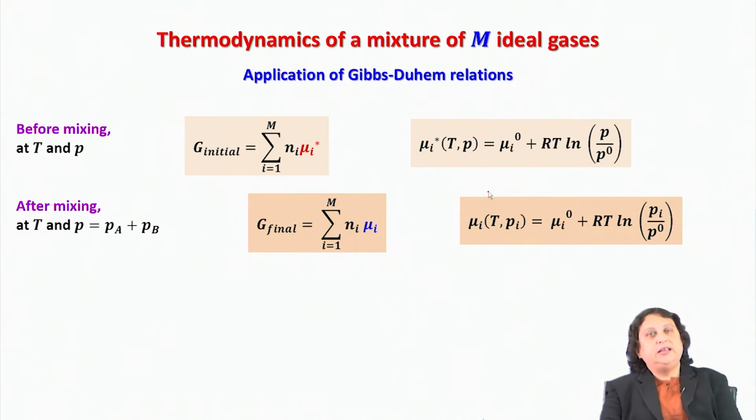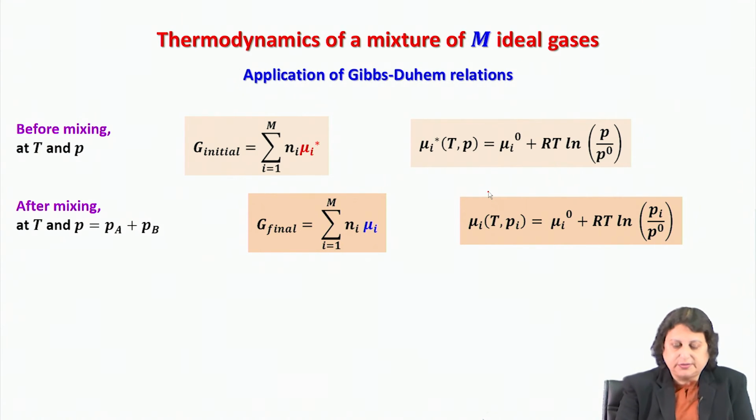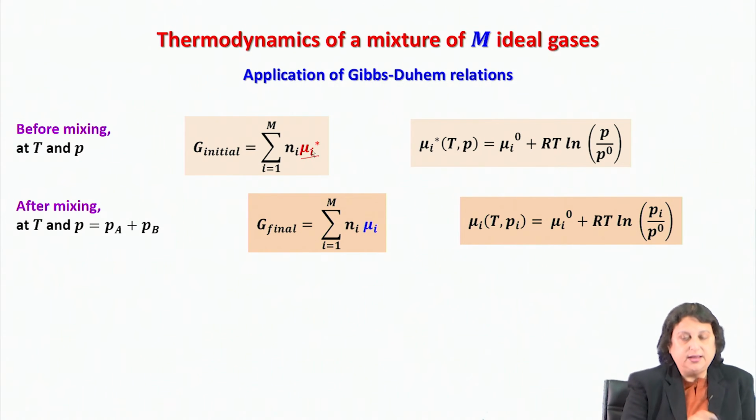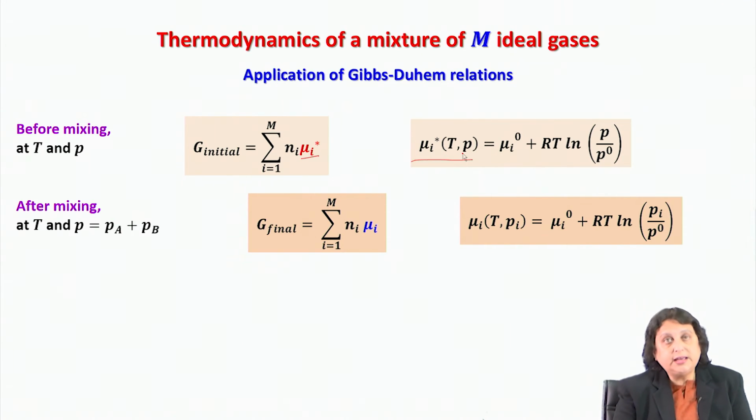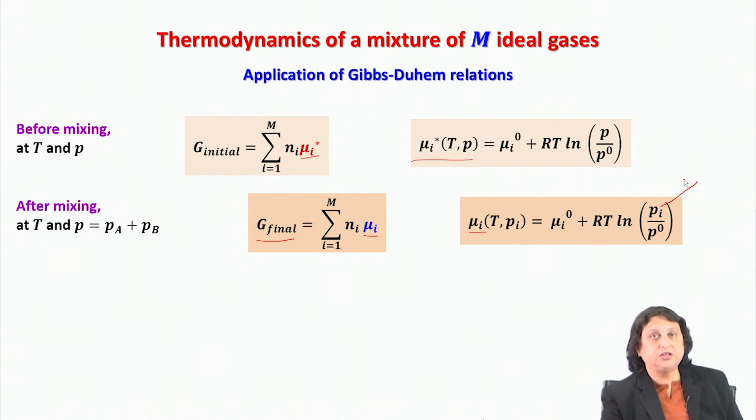We could identify the initial value of the Gibbs free energy before mixing at a given temperature T and pressure, and this is given in terms of Ni and mu I star, where mu I star is the chemical potential of the ith component in its pure phase at the temperature T and pressure P. Now, after mixing, if I know the partial pressures of the individual components in the mixture, then I can evaluate G final, because G final depends on mu I, and mu I for the ith component now depends on the partial pressure of the ith component in the mixture.